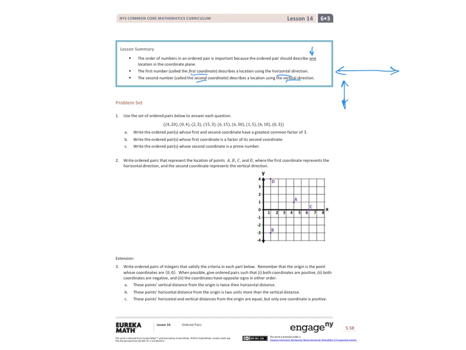So the problem set says, use the set of ordered pairs below to answer each question. Write the ordered pair or pairs whose first and second coordinate have a greatest common factor of 3. Greatest common factor means I could factor the numbers that go into multiplying it, factor to 3.